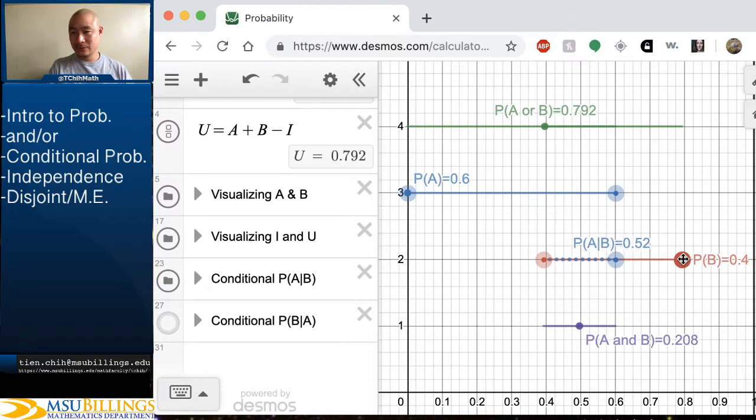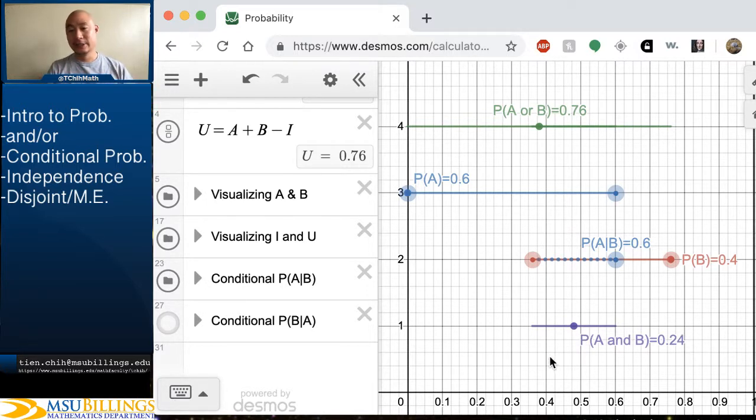And well, I could adjust this slightly, so in maybe a slightly different restaurant, let's say where the overlap between the two events is 0.24.